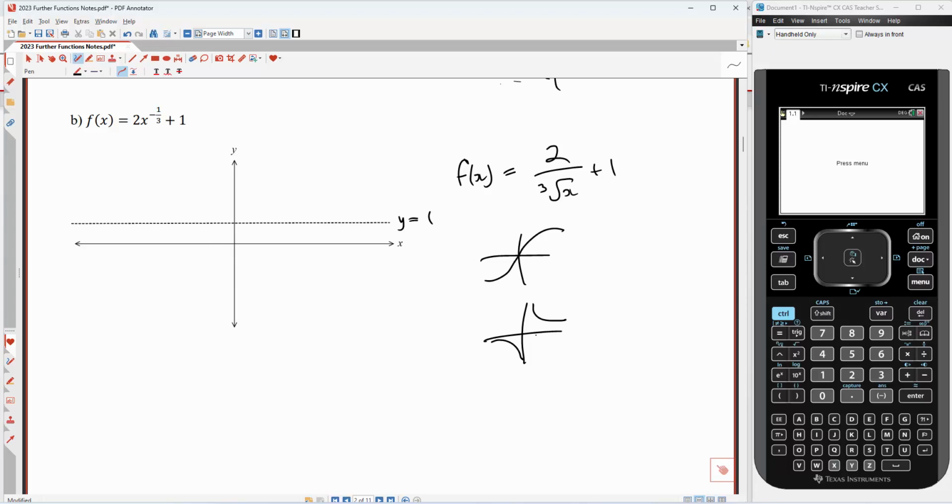So we'll do the same thing as before. We'll go -1 equals 2 over x to the 1/3. -2 equals x to the 1/3 by transposition, power 3 that, power 3 that, that's -8 equals x.